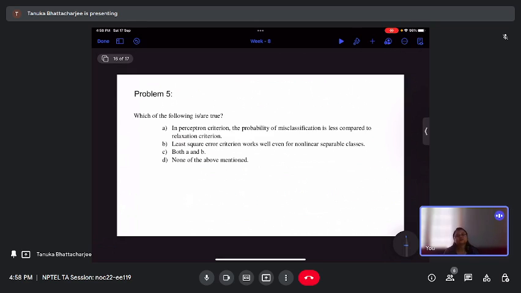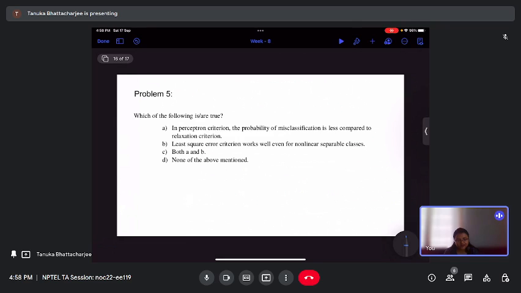Since you are well within the region, the probability of misclassification is less as compared to perceptron. So in perceptron, the probability of misclassification is more because you can have the solution vector on the boundary of the possible solution region. Okay, so this is not true.